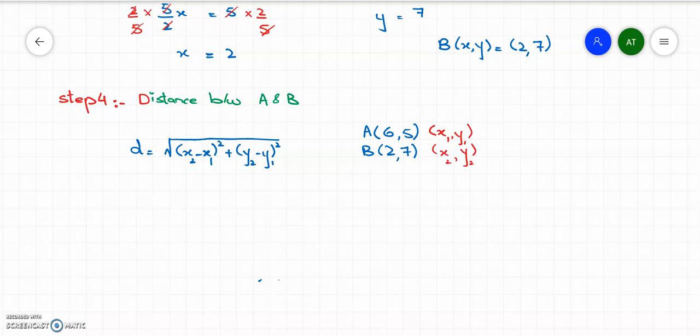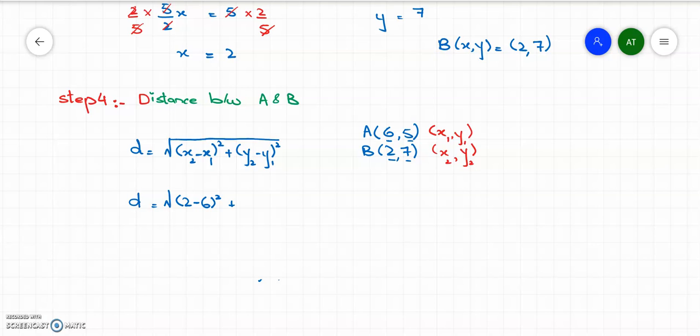Okay, let's substitute the points into the distance formula to calculate the distance between the 2 points. So d would be equal to square root of x2 minus x1. x2 is 2 and x1 is 6. So we can say 2 subtract 6 whole squared, right? Plus y2 minus y1. y2 is 7 and y1 is 5.